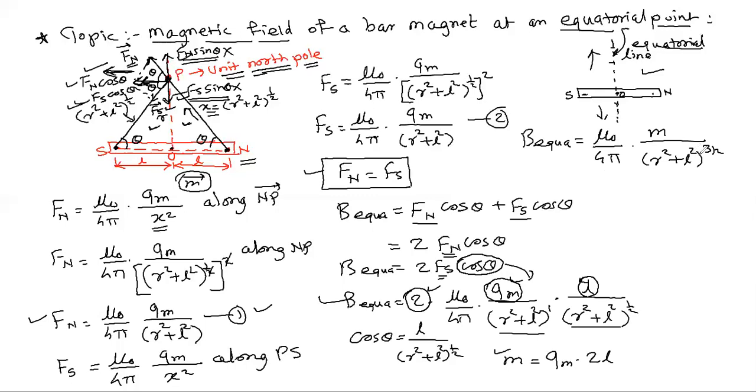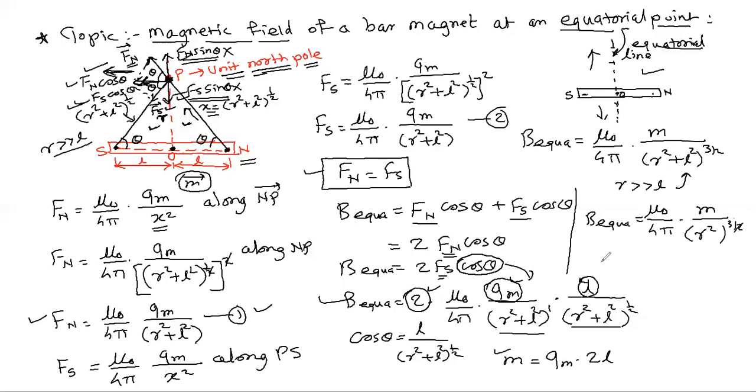But first of all, let us take the special case where we consider this R, that means the distance of point P from the center is very large. That means this R is very, very much greater than L. So if R is very much greater than L, then I can write B equatorial is equal to mu 0 upon 4 pi into M upon R square raised to 3 by 2.